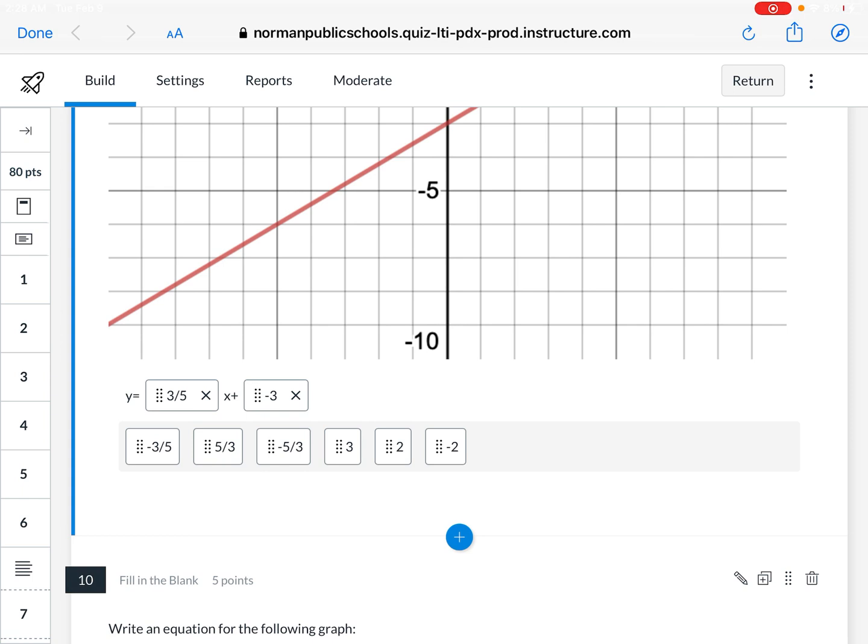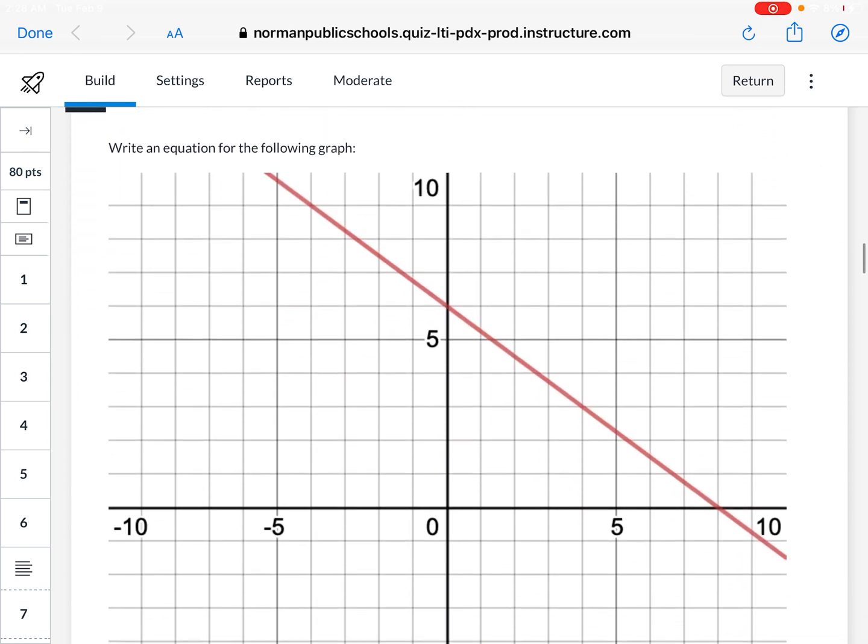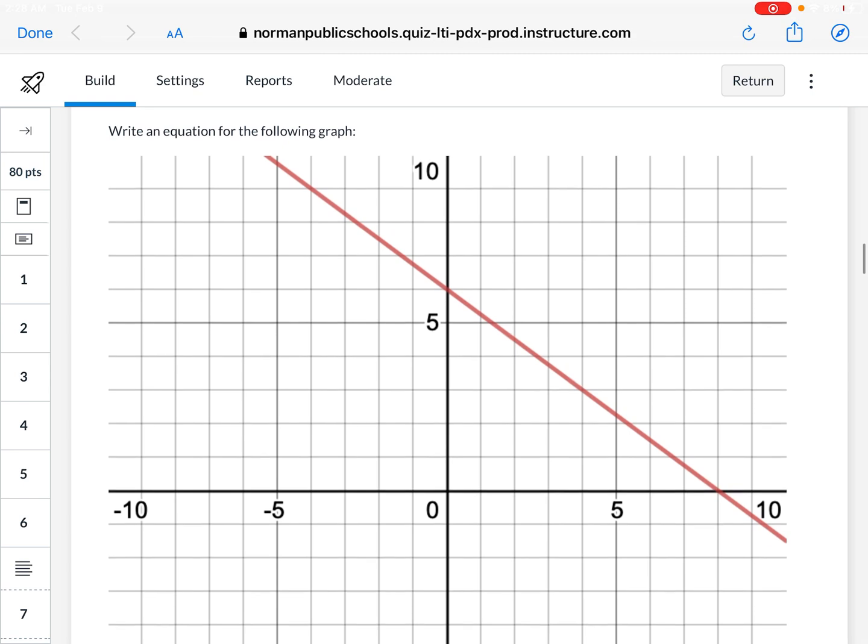So you should drag the 3 over 5 and the -3. Those are the answers, because if you look on here, there are no other positive 3 over 5 and no other -3.